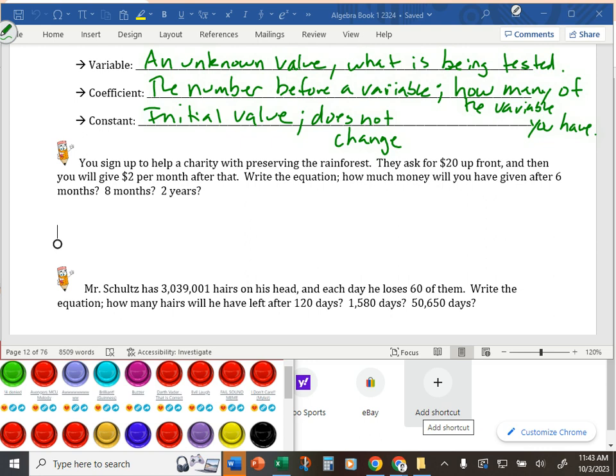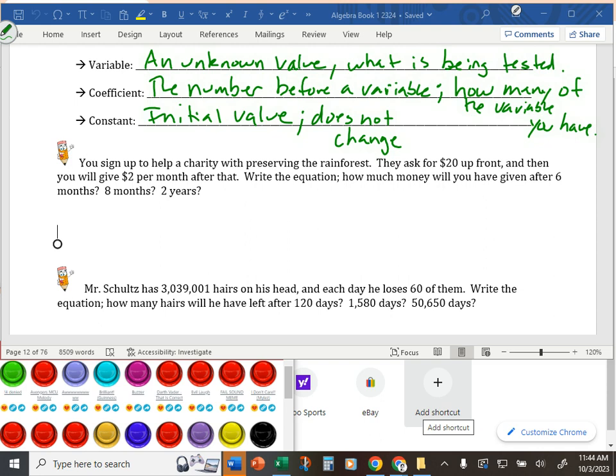Who thinks they can identify what one of those items is? Nolan. Oh, I think the variable is how much money will be given after 6 months. So that's what our equation is going to tell us. Our equation will tell us how much we've given after 6 months, after 8 months, after 2 years, but the variable is how long we're giving money to the charity. Right?